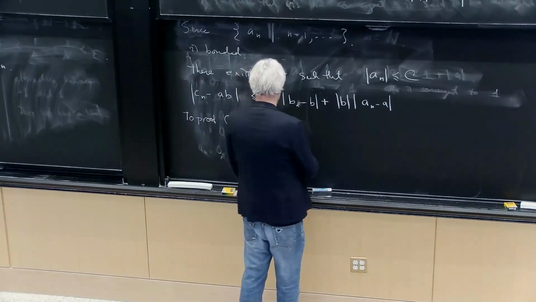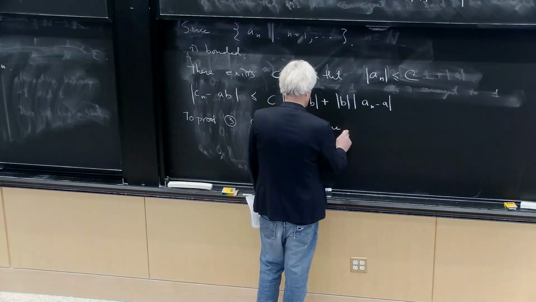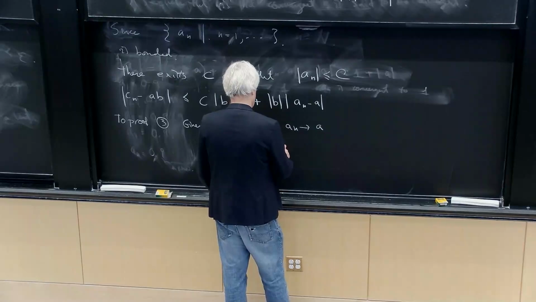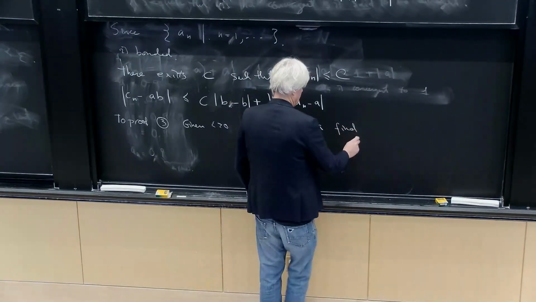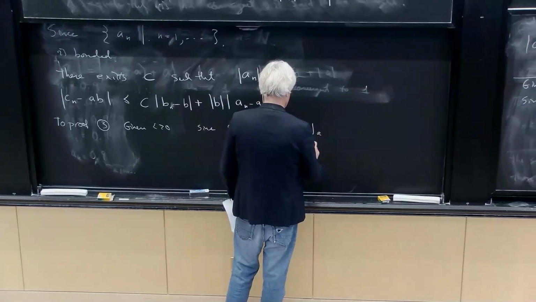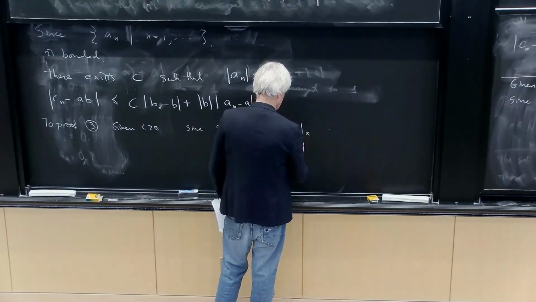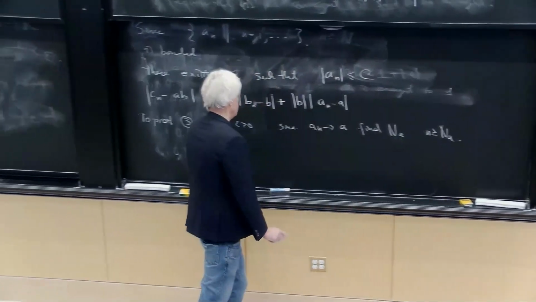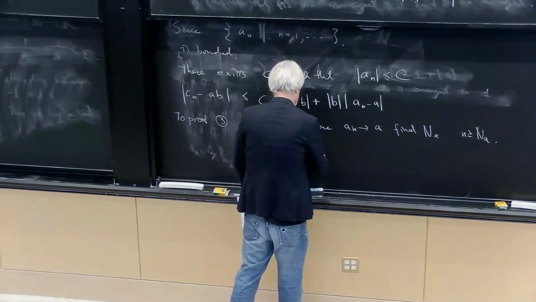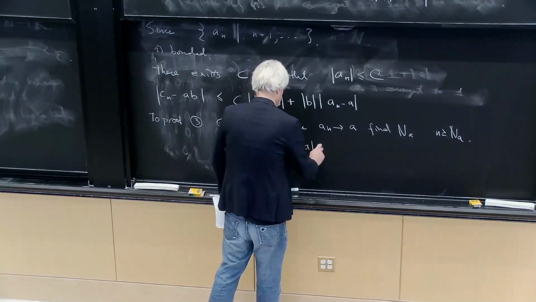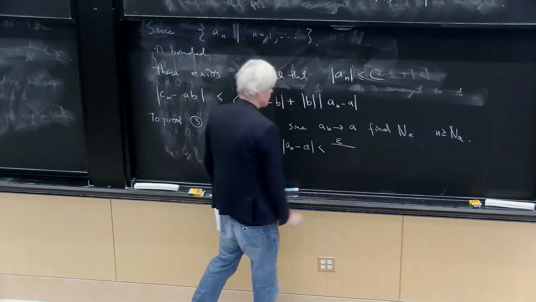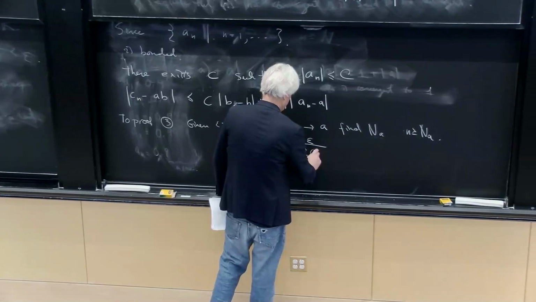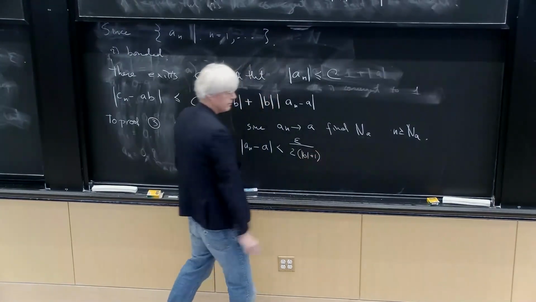So given epsilon, since AN converges to A, then I can find, now I'm basically writing out the whole proof, but AN, I can find capital NA, so that if little n is bigger than capital NA, then you have that AN minus A is less than, I don't quite use that epsilon, and I don't quite use epsilon over 2, but I take absolute value and multiply it like this.